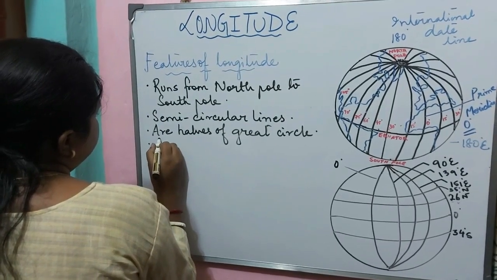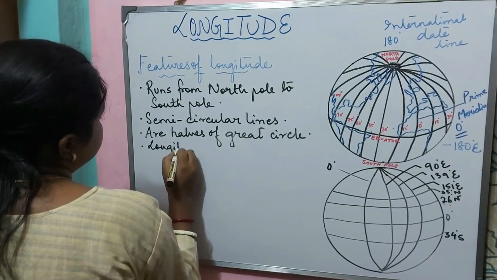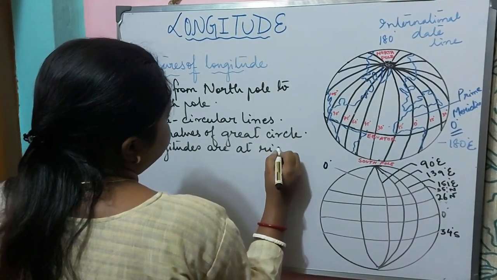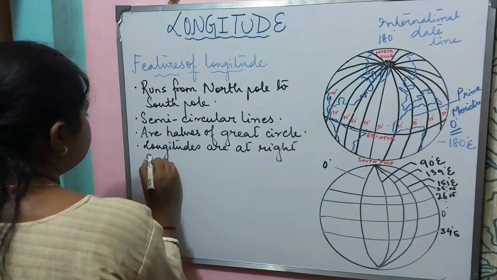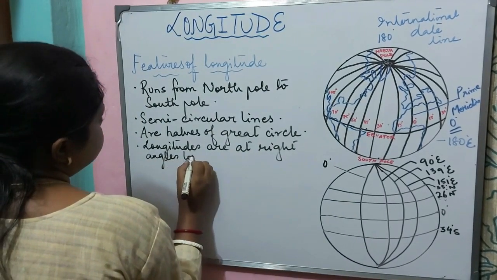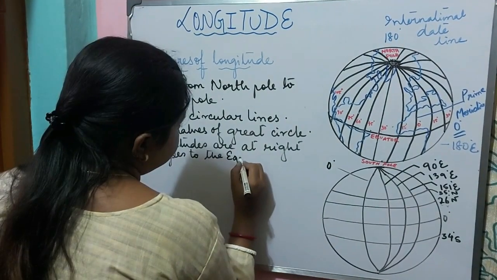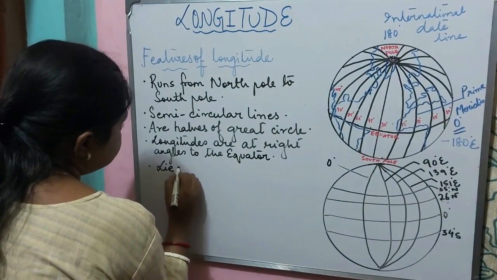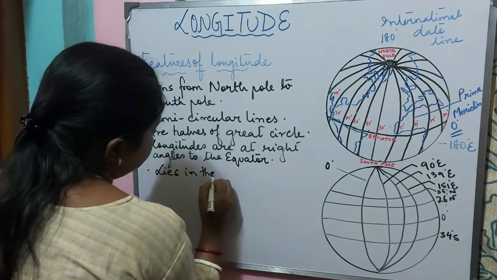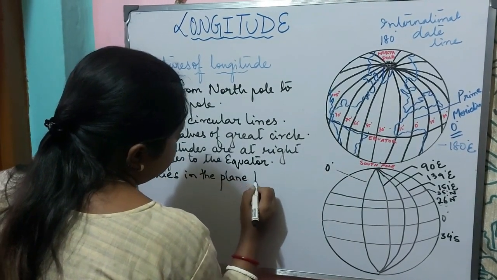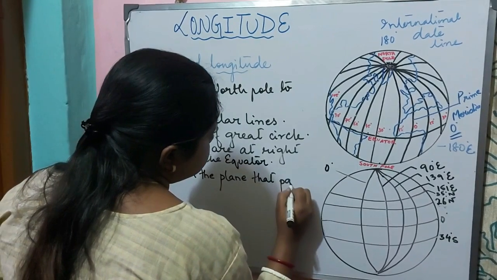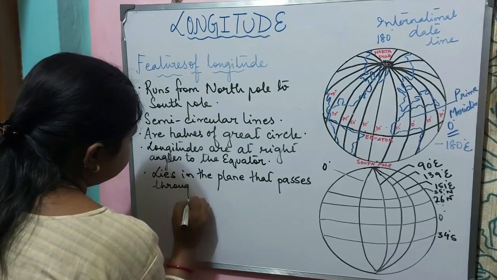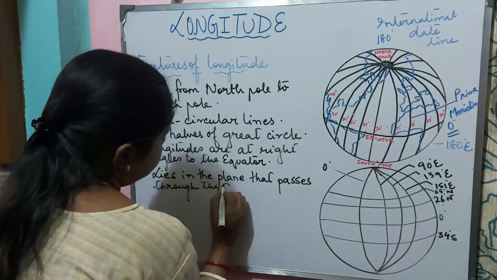Longitudes are at right angles to the equator. It also lies in the plane that passes through the Earth's axis.